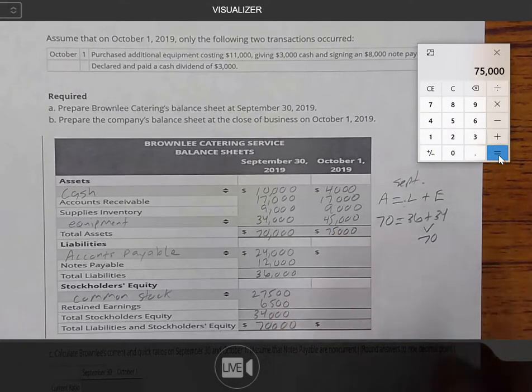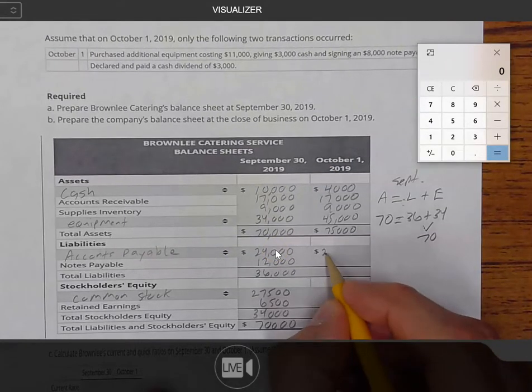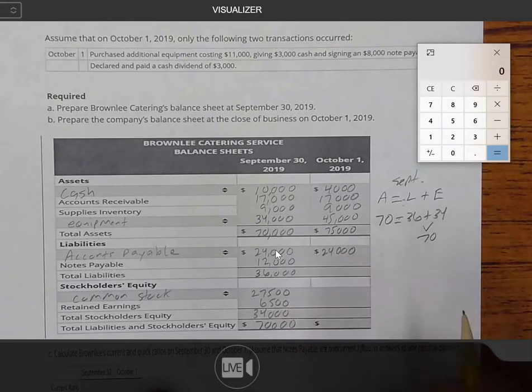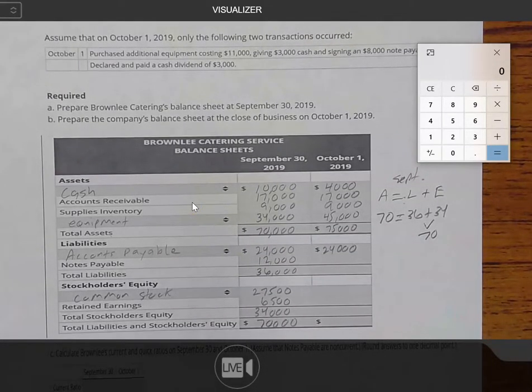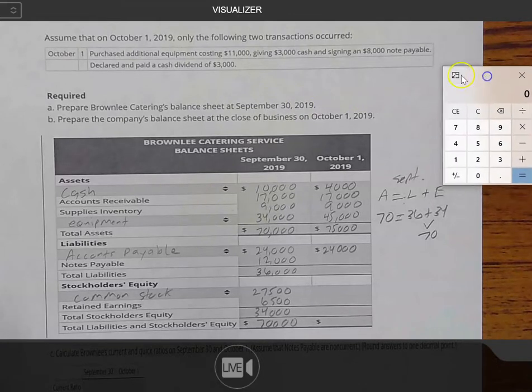Okay. Our accounts payable balance has not changed, so we can just simply move that over, right? And then let's see here now. Notes payable amount, that has changed because it says right up here that we signed an $8,000 note payable. So we owe this, we haven't paid anything on this notes payable amount of 12, so it's just 12 plus 8, which is going to give us $20,000 right here.